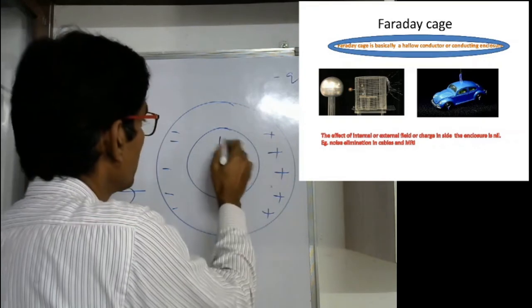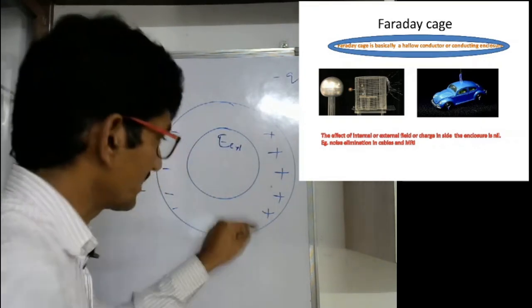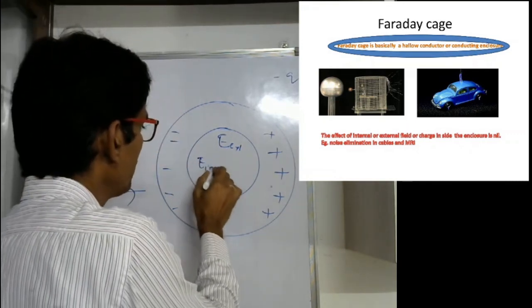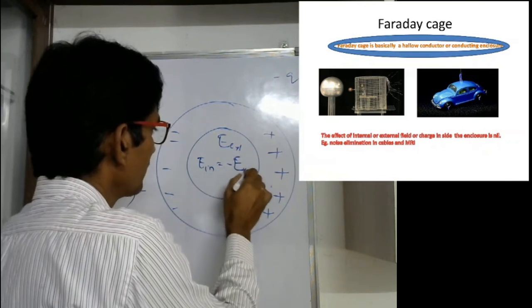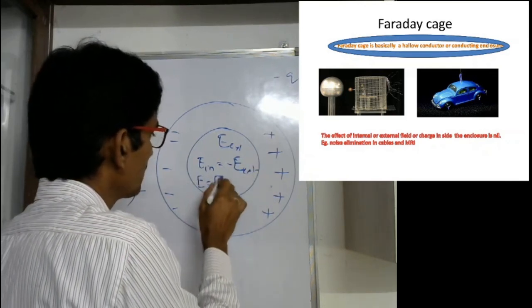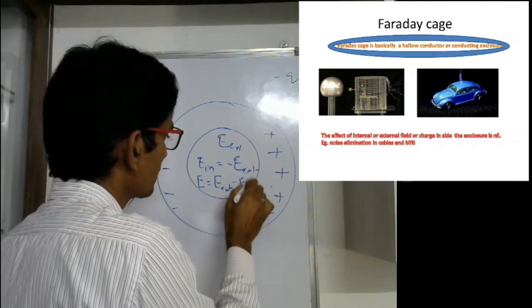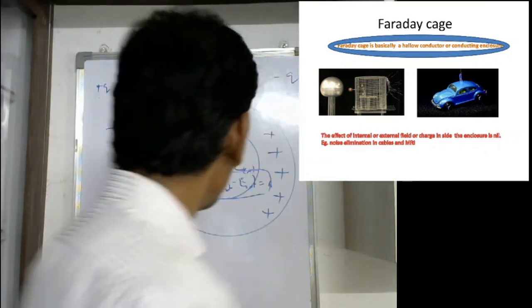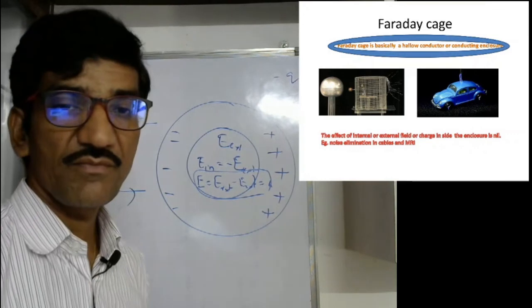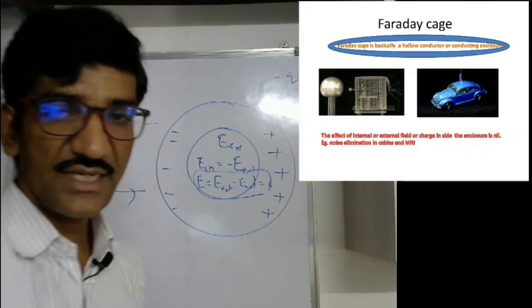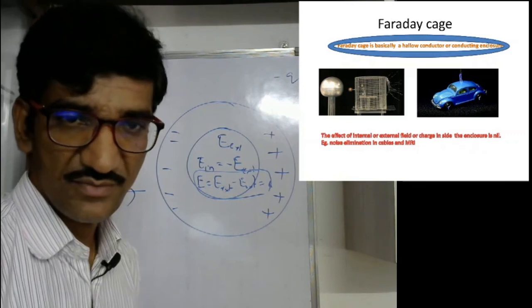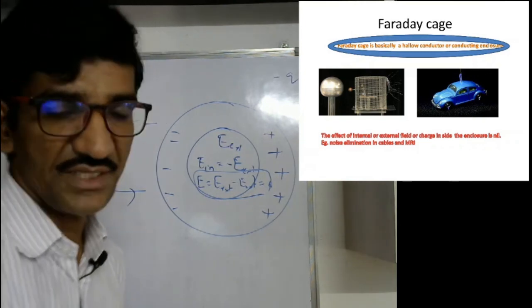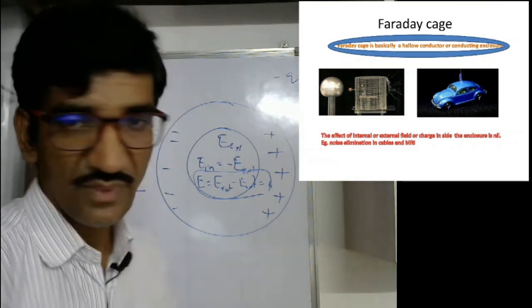Suppose that the external field is E external. Due to these charges, you have some internal field, E induced, which is equal to minus E external. So E total is equal to E external minus E external, which is equal to 0. So the total field inside is again 0 as before, and you do not have any effect on the electronic apparatus inside. Any object can be protected from high fields by using this Faraday's cage, a very simple instrument.